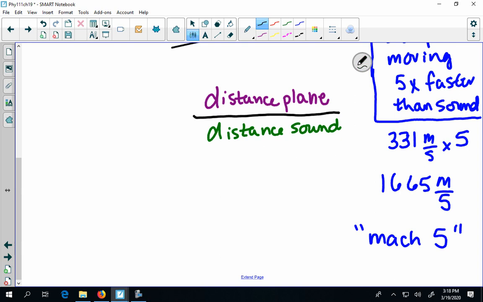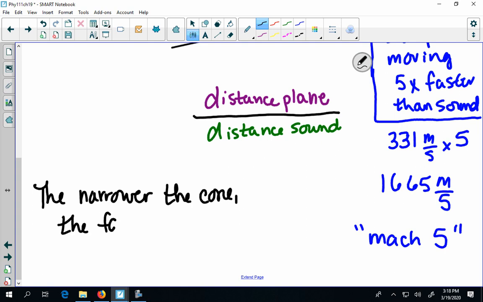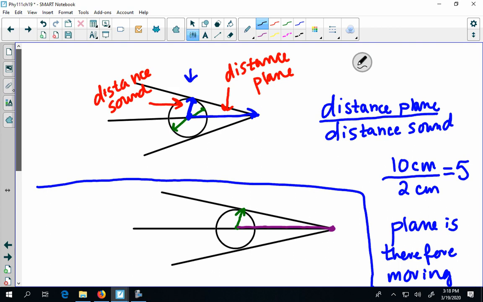The narrower the cone, the faster the plane, okay?